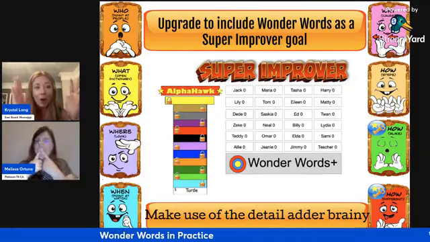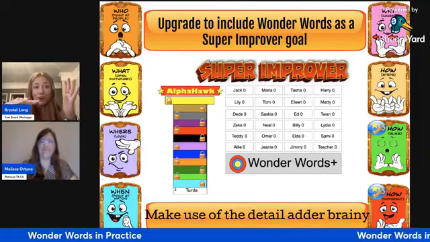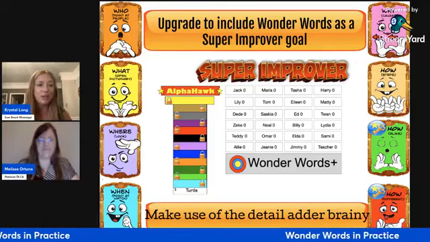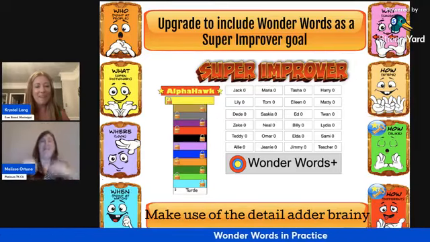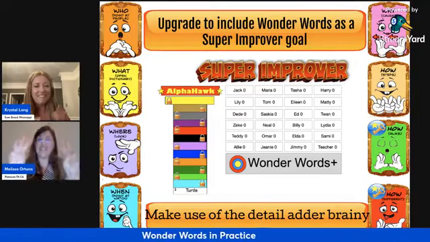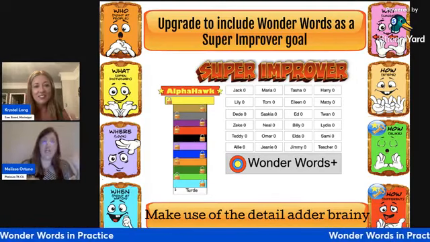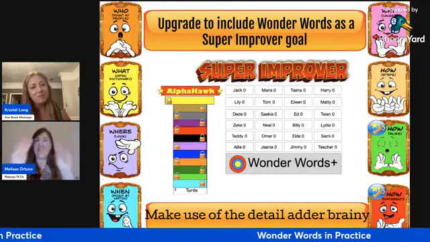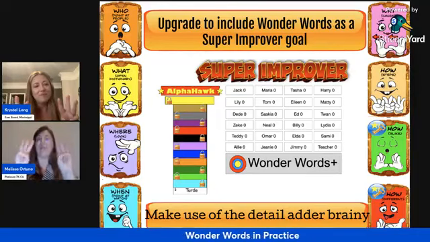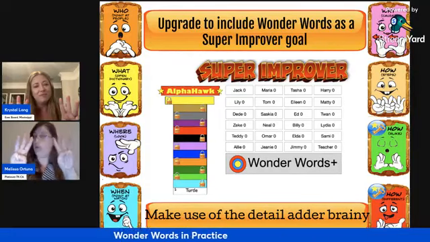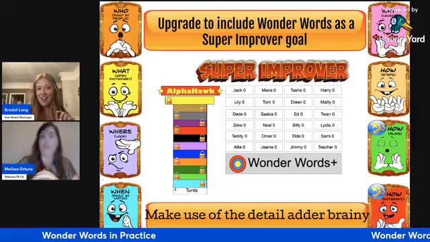How is this target different than some of the other targets we've seen before? This target is different because it talks about wonder words. Sometimes you might have a rule or a specific behavior. This says wonder words. So we're talking about asking great wonder word questions. Yes.